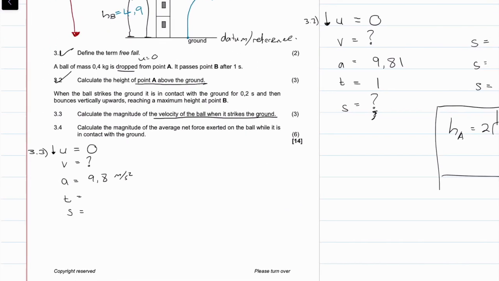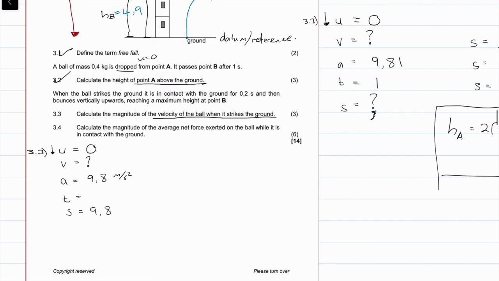It is what I calculated, which was 9.8 meters. I want to calculate my final velocity, the magnitude of the final velocity. So I need to find an equation that I can use. Let's try the equation v squared equals u squared plus 2as.